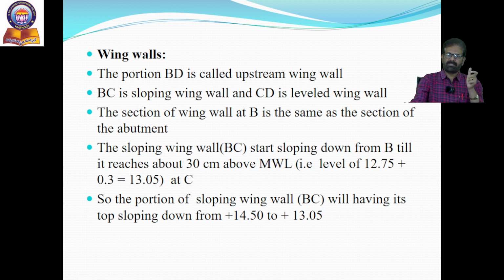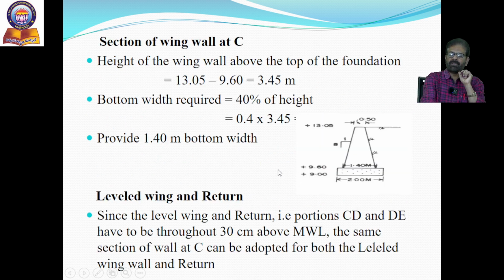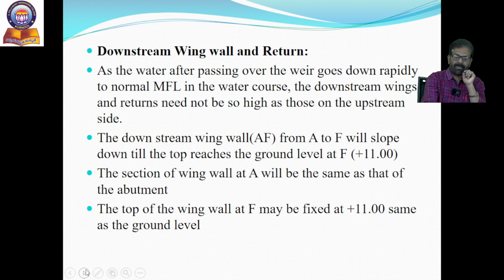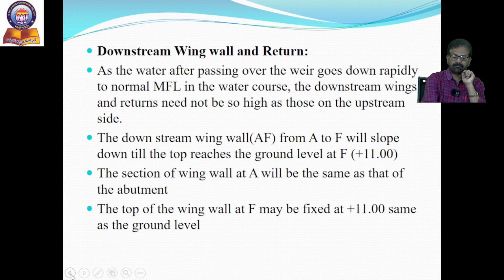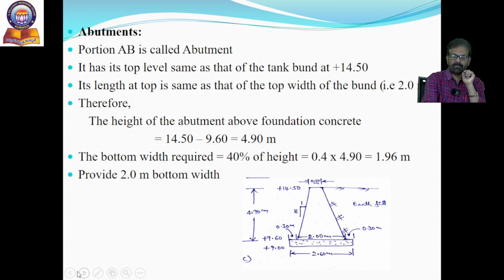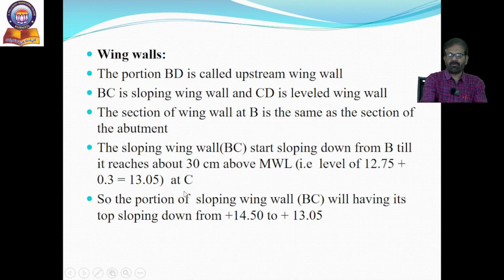Though BD is the wing wall, in which BC is the sloping wing wall and CD is the leveled wing wall, we have to fix that point C in such a way that it is maximum water level plus 30 centimeters. Maximum water level plus 30 centimeters is the top of the wing wall.